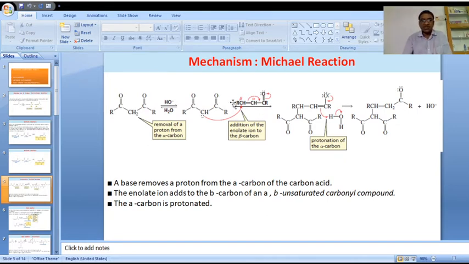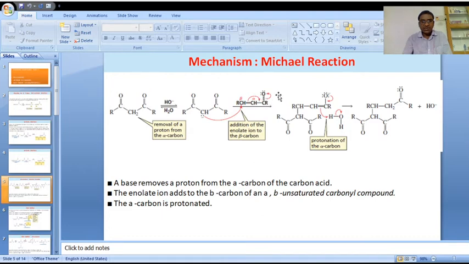Is it clear? Here it bonds with the beta carbon, forming a new sigma bond between these two carbons. Is it clear? These two carbons. Here the oxygen gets negative because the pi bond electrons shifted to this side.